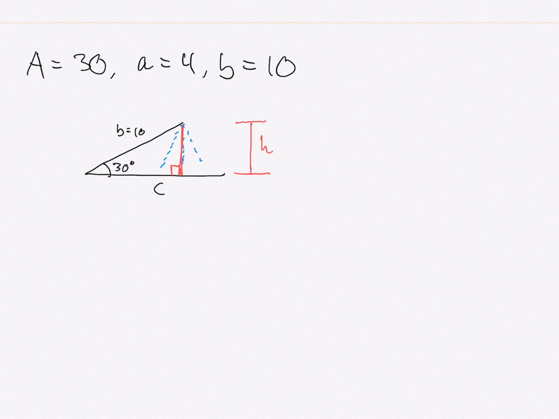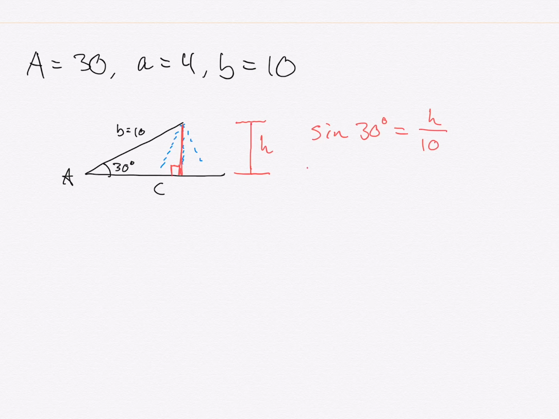And I'm going to use the sine function and say that the sine of 30 degrees, our angle A, I could put the A in over here. The sine of 30 degrees, which is equal to opposite over hypotenuse, is going to equal lowercase h divided by our hypotenuse on that triangle, which is 10.